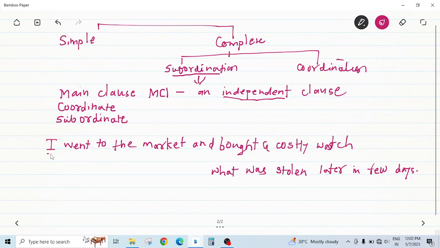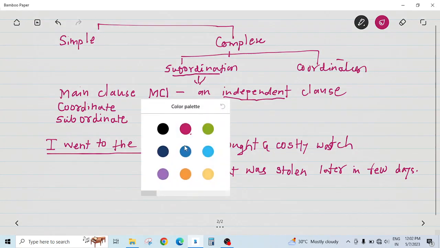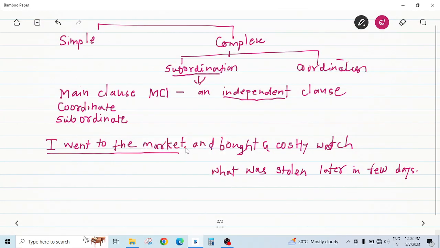Now this, I went to the market, this is a clause. Then I bought a costly watch, this can be a sentence. And the watch was stolen in later days. This sentence is made up of three clauses.